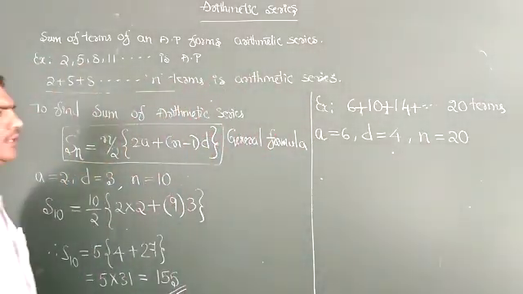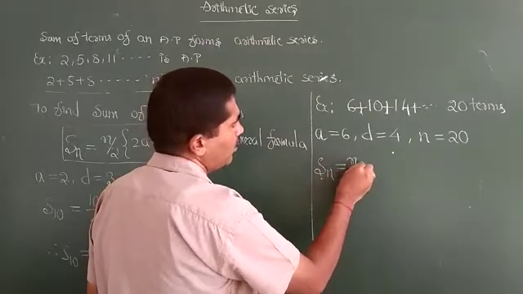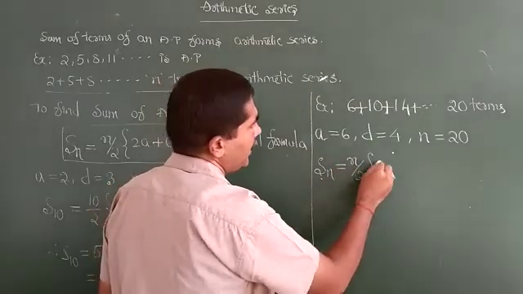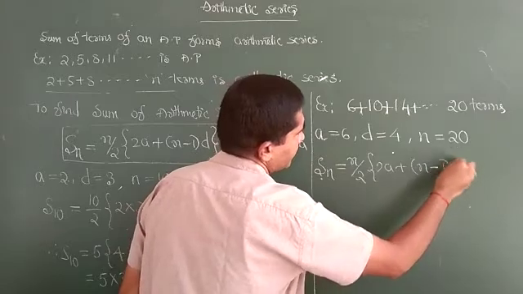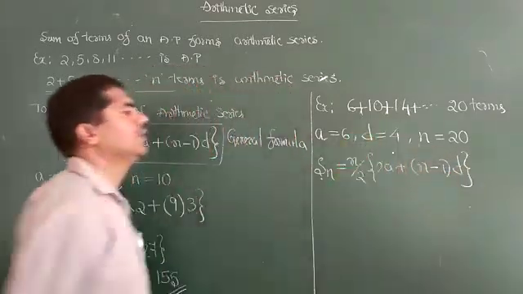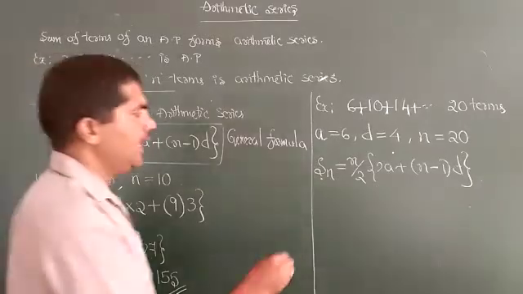Then write the general formula Sn equal to n by 2 into 2a plus n minus 1 into d. Put the values of n, a and d here.